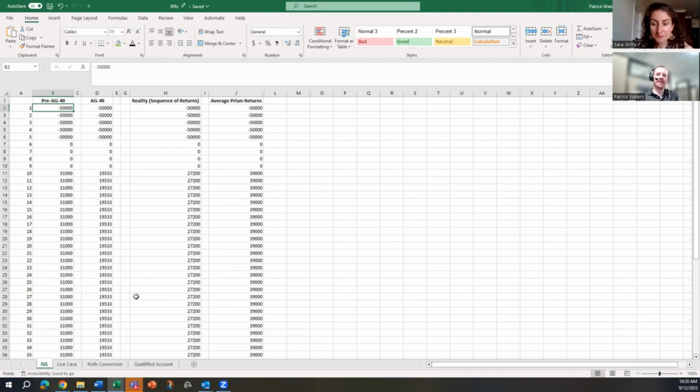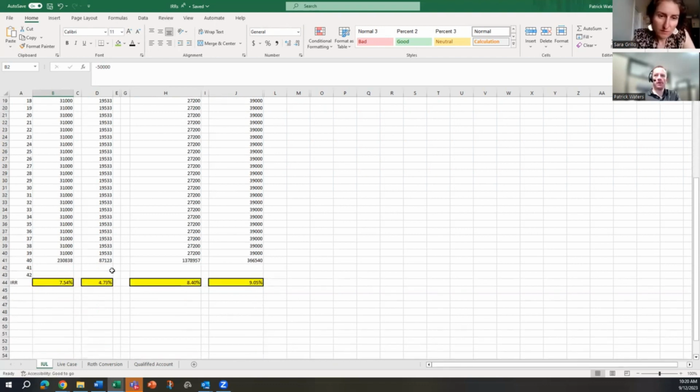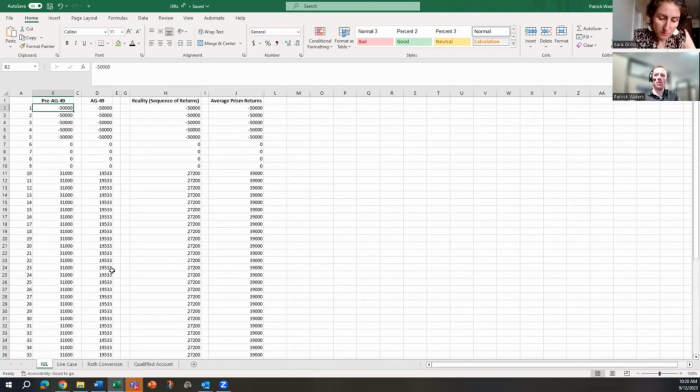And one of the reasons that I did this was to show that some of the numbers, specifically those that are presented under AG 49, are detached from reality. Because of AG 49, I think that the IRR inside of an IUL is almost worthless.